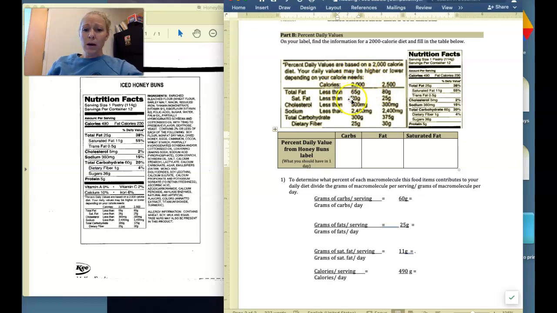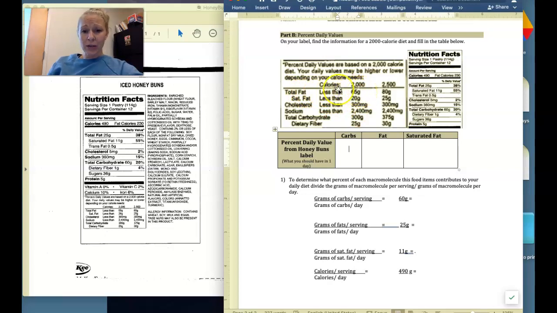So let's just look at 2,000 calories. For carbs, if you have 2,000 calories, you're supposed to have about 300 grams of carbs in a day. Let's look at fat: you're supposed to have 65 grams of fat per day.